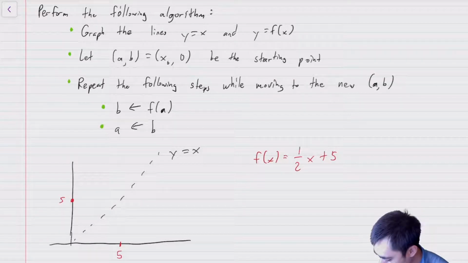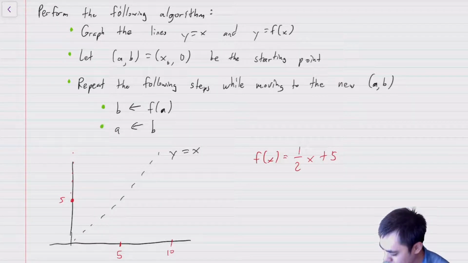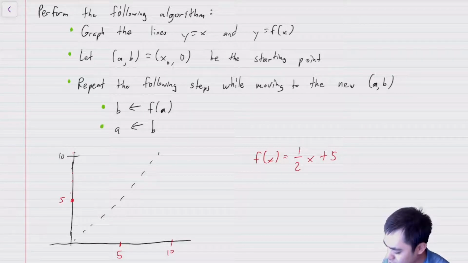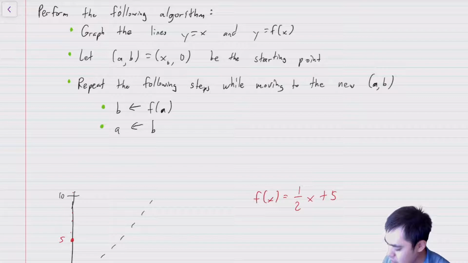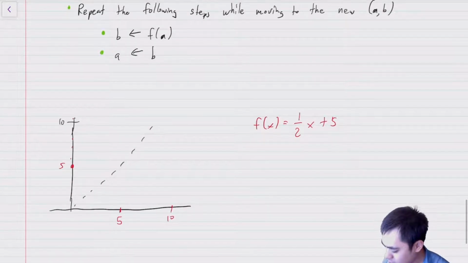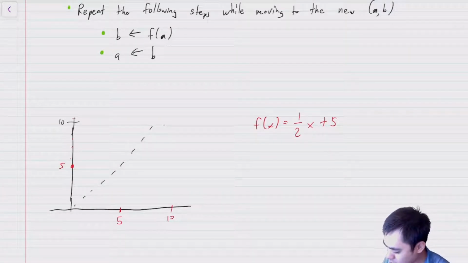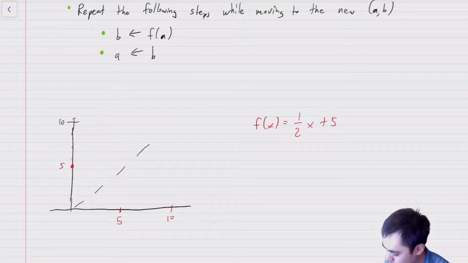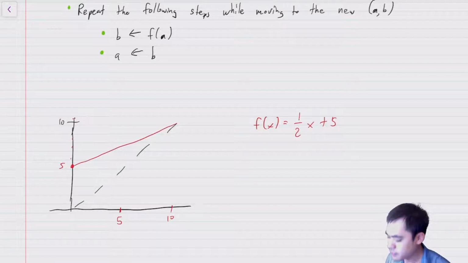And let's say this here is 10. Let me actually extend this out a little bit. Oh, sorry, messed that up. I should have drawn that line a little bit better. Okay, that works. And then this line goes there.